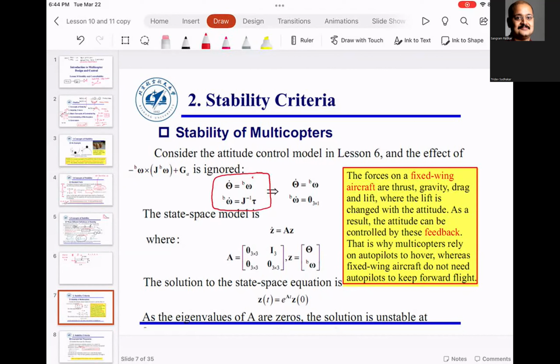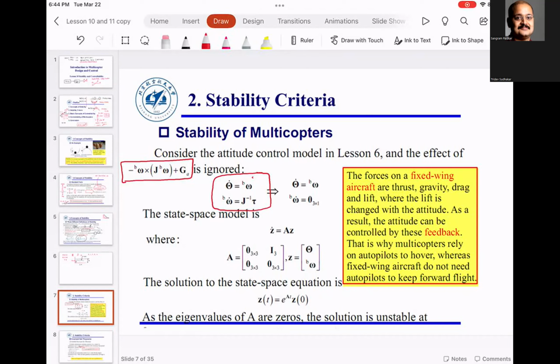The only thing is, there was this additional term. This additional term is the cross product term, which is omega cross j omega plus GA. That term for small quadcopters is ignored.